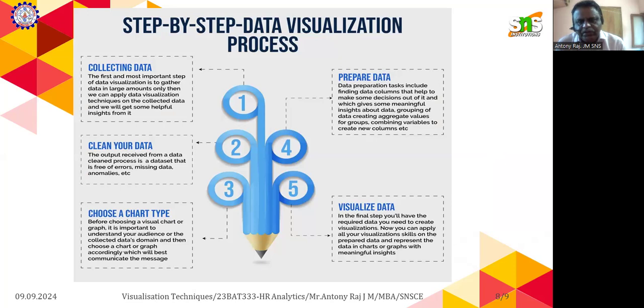You give structure to the data, combining variables, creating new columns, and so on. Then the final step is to visualize the data, in terms of charts or graphs or whatever visualization tool you have chosen.